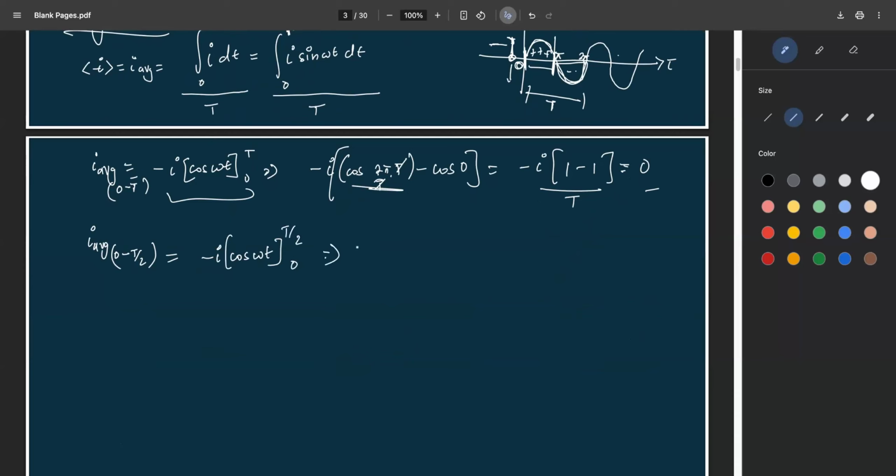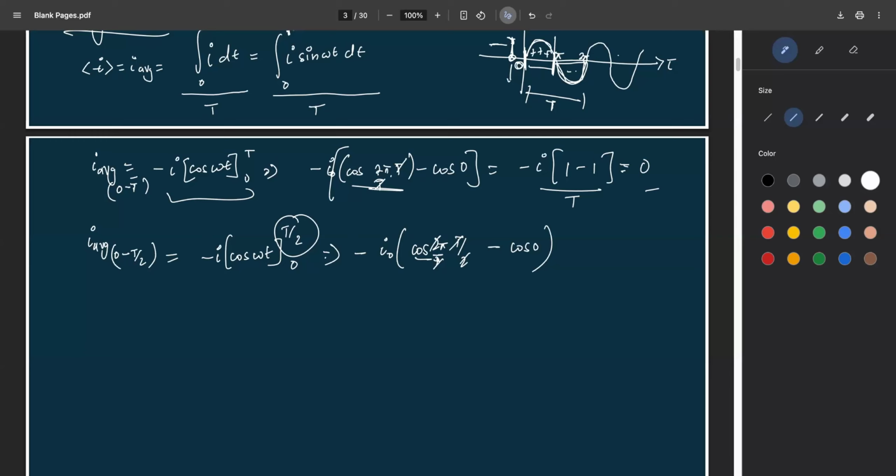This comes out as minus. When you put T by 2, you get I naught, not I. Cos 2 pi by T times T is cos pi, subtract cos 0.